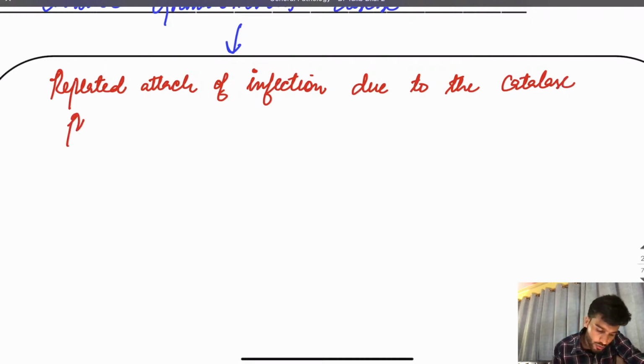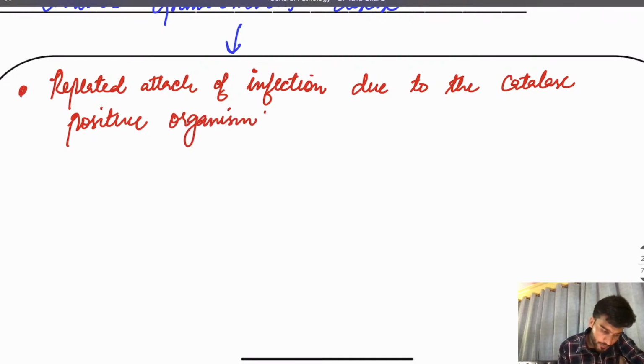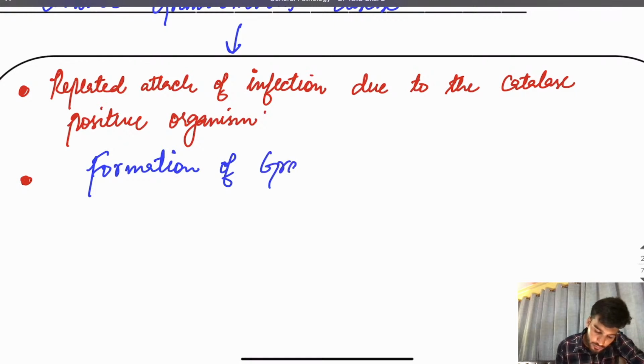Number one. Number two, in chronic granulomatous disease, there is a formation of granuloma in the organs as well. I will teach you shortly the different granulomas in the different conditions.